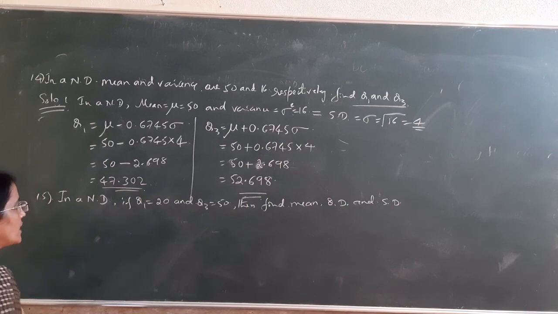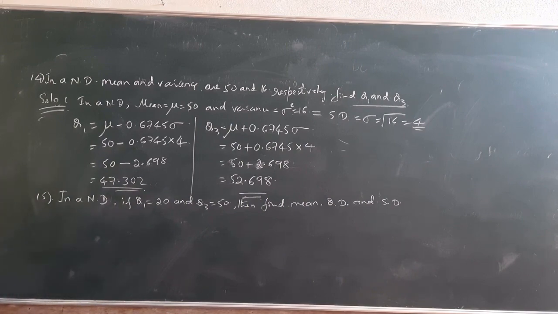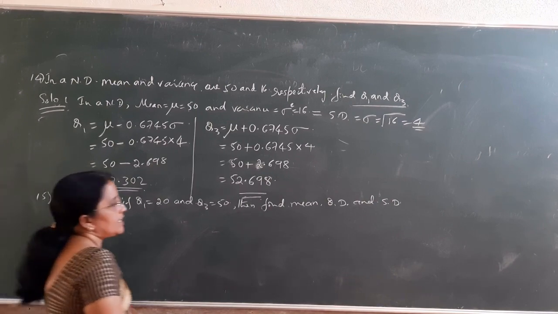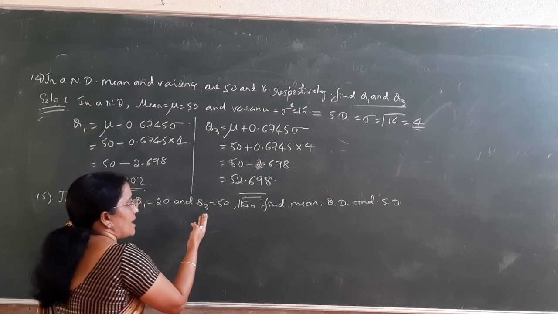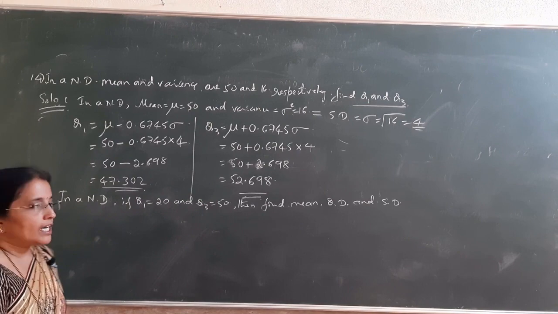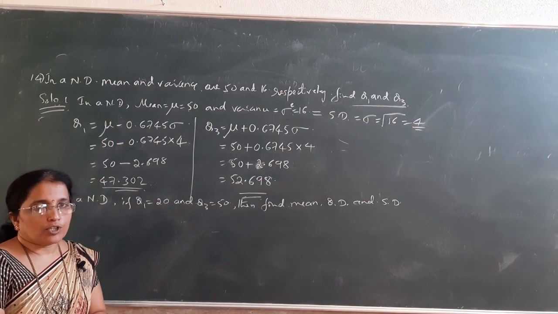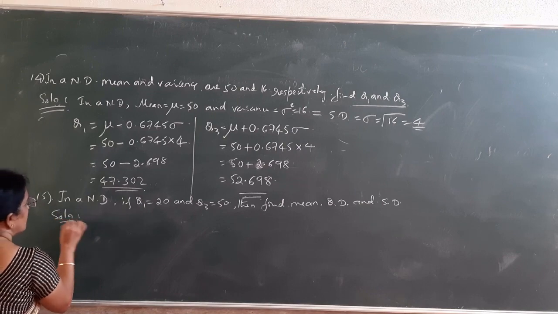Right? Now Q1 is given, Q3 is given. How to find the mean and all? Now already we solved. If Q1 and Q3 are given, how to find the mean in a normal distribution, that is with the help of the formula Q1 plus Q3 divided by 2. So here first we can start like this.